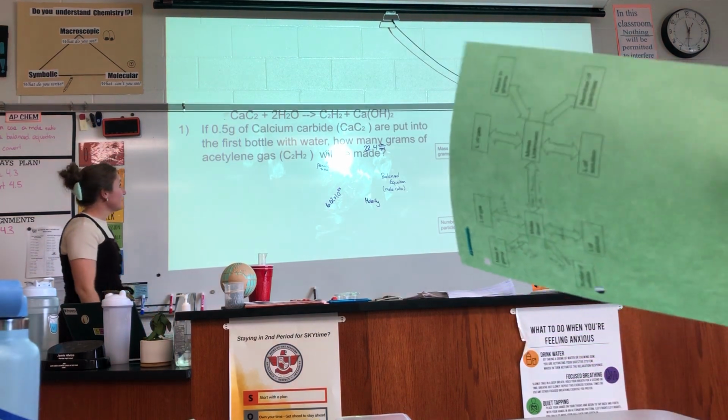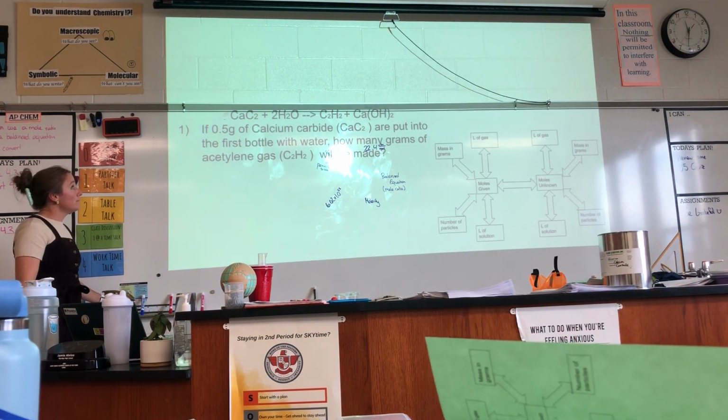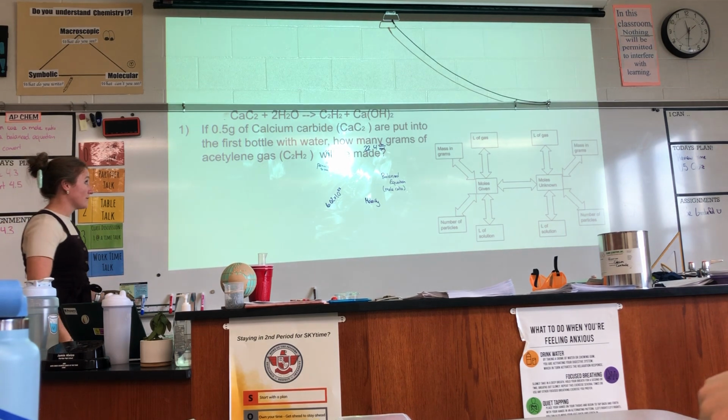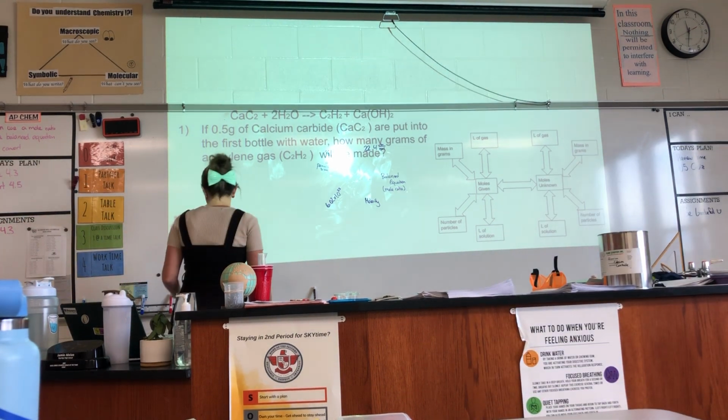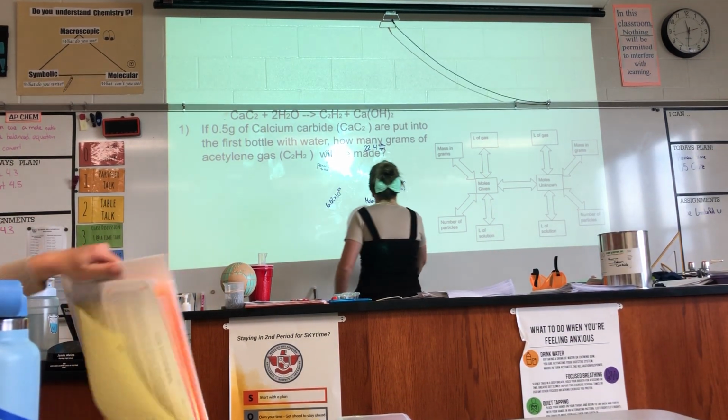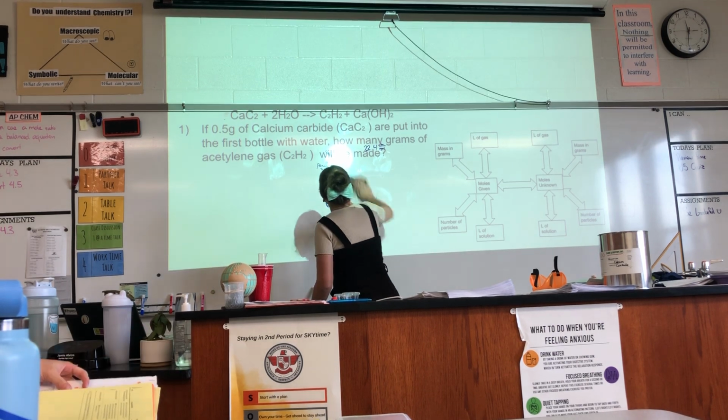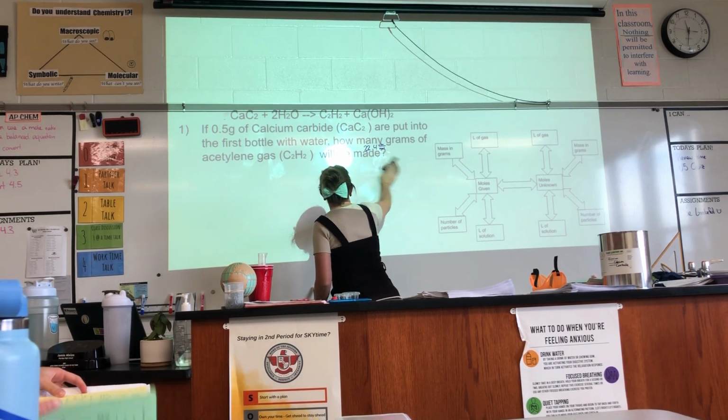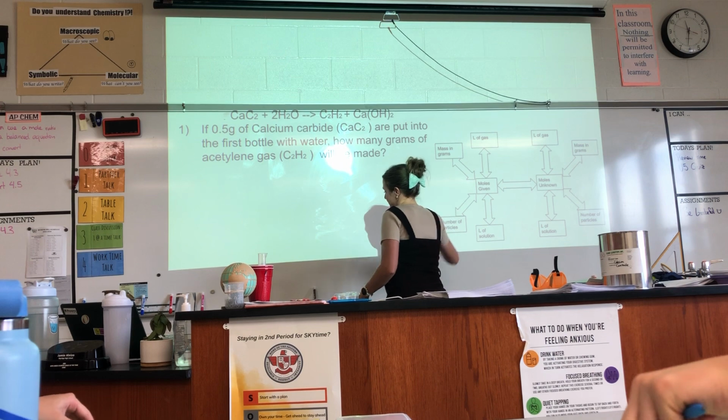Okay, our problem says here, if 0.5 grams of calcium carbide, which is CaC2, are put into our first bottle with water, how many grams of acetylene, which is C2H2, will be made?